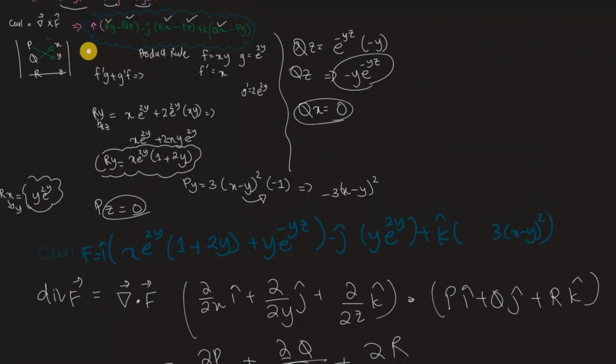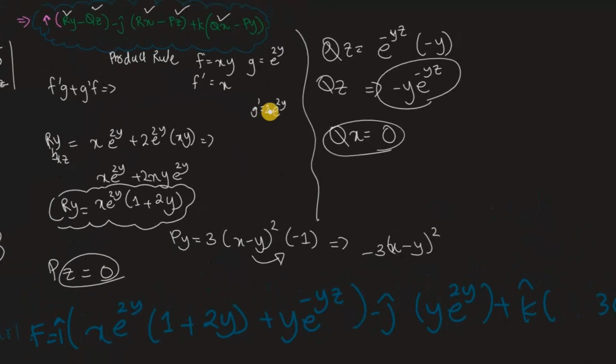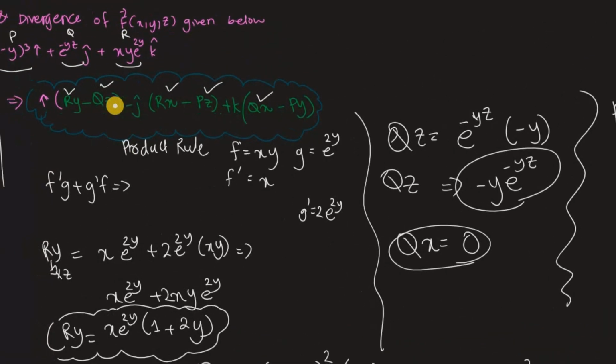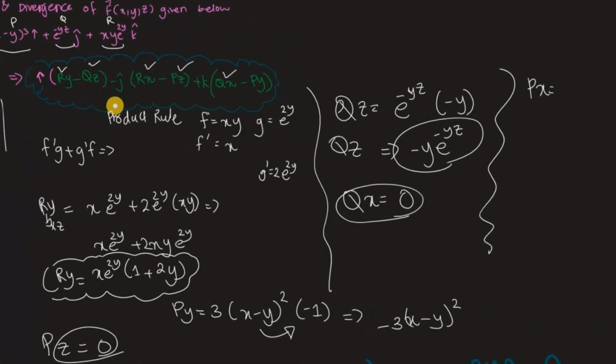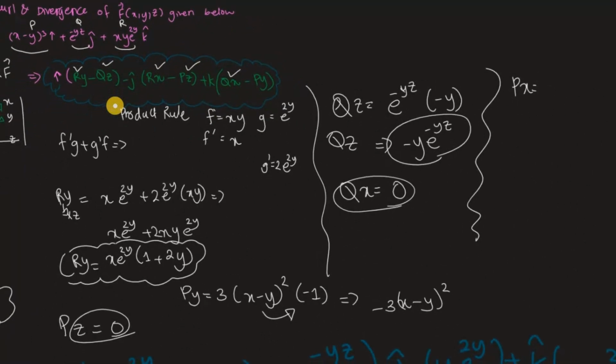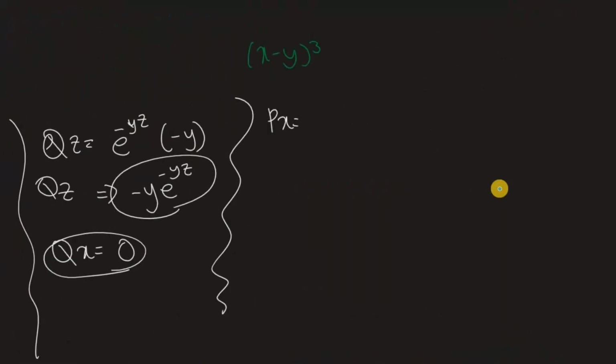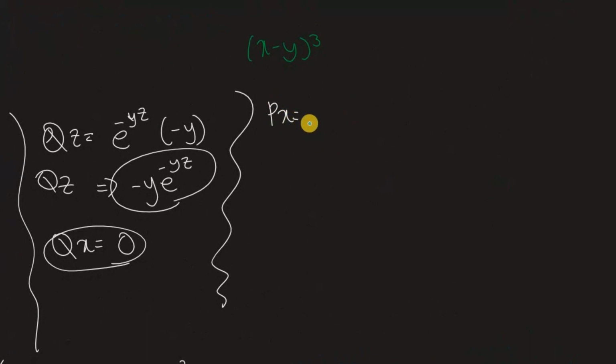So P of x. If you want, I can simply write it over here. So where's the function? Let me zoom in a little bit. I'm just going to write it over here so I don't need to zoom in again and again. (x minus y)^3, this is my P, and we're differentiating with respect to x.